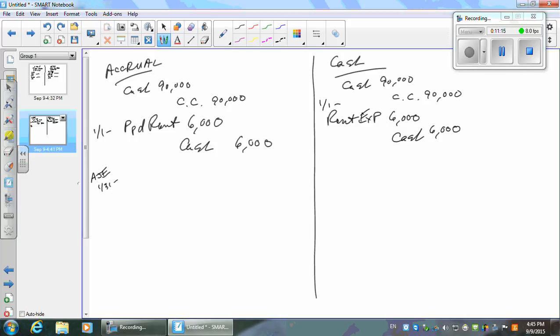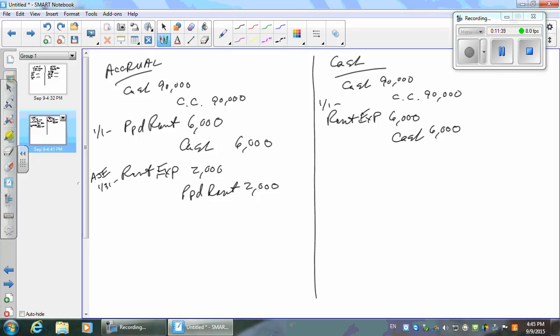2,000. So what do you want to have for your accrual basis entry? Rent expense. Excellent. How much? 2,000. See, these are things you already know, aren't they? Right? And credit what, of course, would you use up? Prepaid rent. Asset goes down. What's going to be on our income statement under accrual basis?